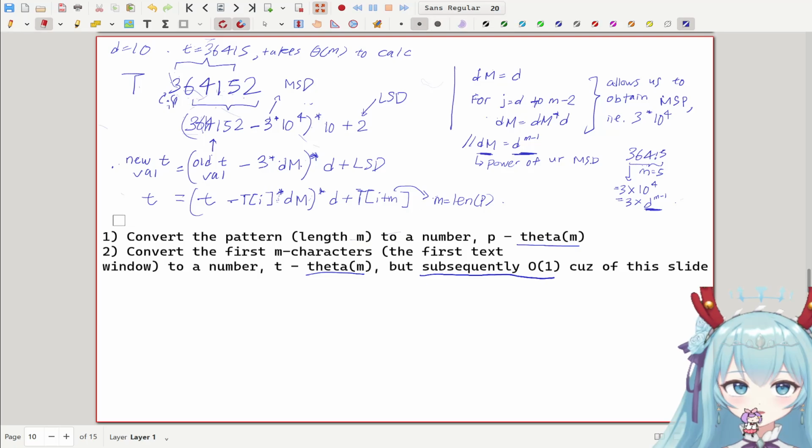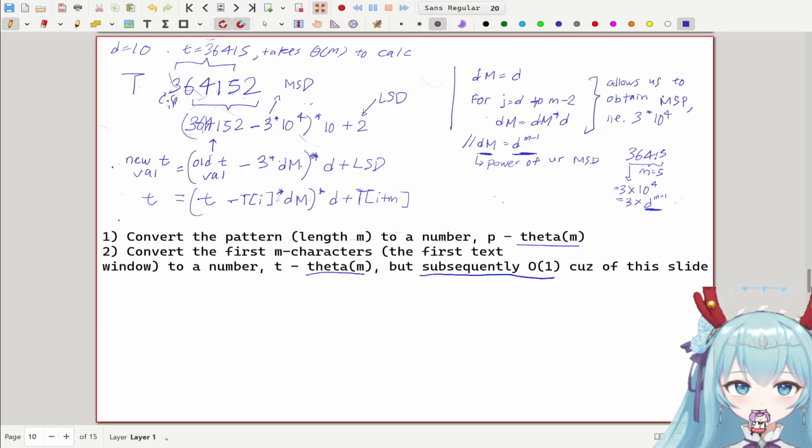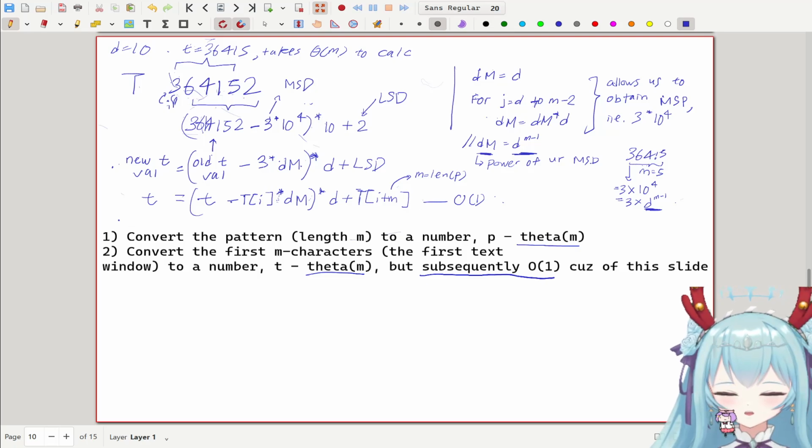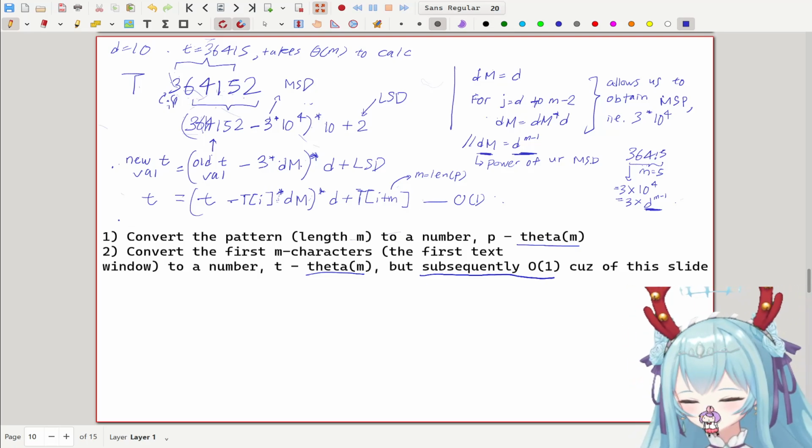So m equals the length of p, and this will take O(1), or theta of 1, in this case.